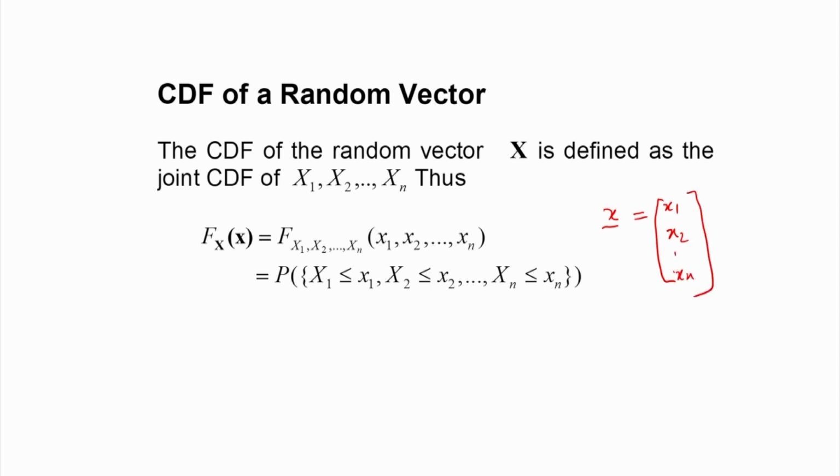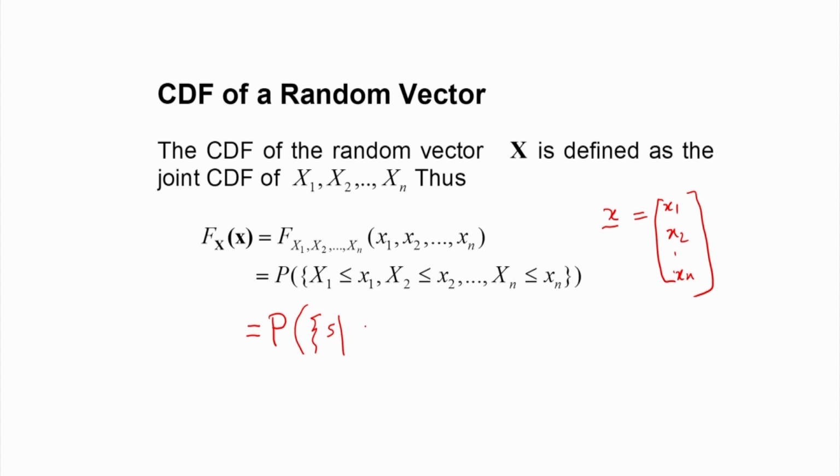At this point the joint CDF is defined as the probability that x 1 is less than or equal to small x 1, x 2 is less than or equal to small x 2, like this, x n is less than or equal to small x n. So, this probability actually means the probability of the event. What is the event?